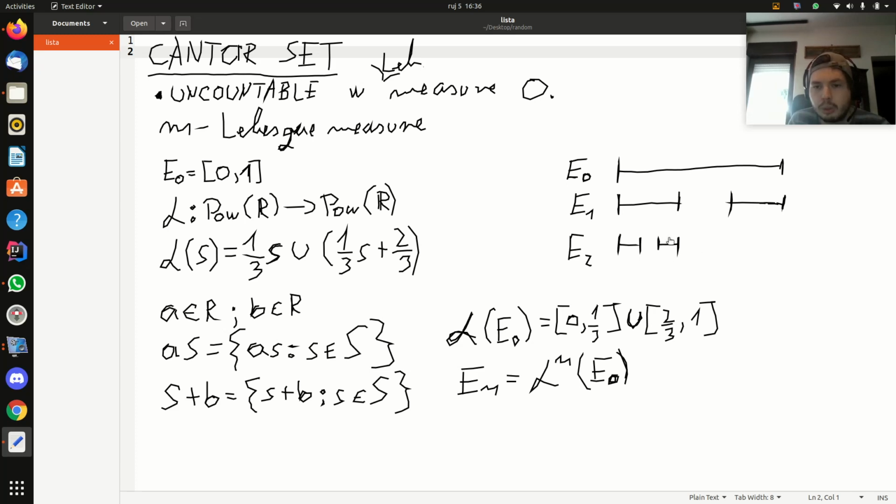So we create two new closed intervals, but without the middle third. And we continue in this manner. So this would be E3, and so on. And the Cantor set is basically going to be the limit of this process.